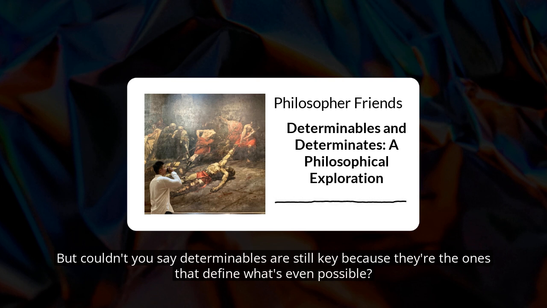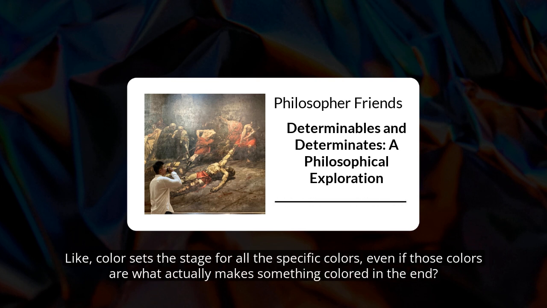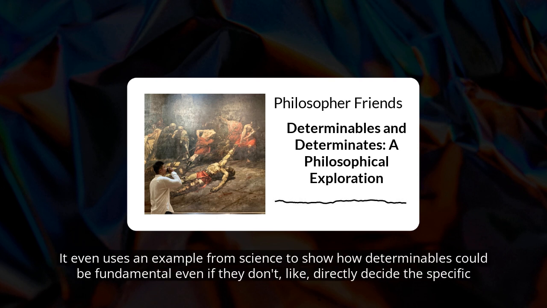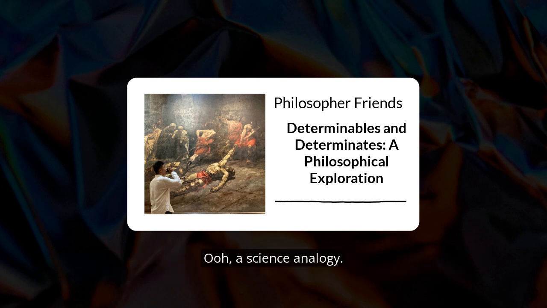But couldn't you say determinables are still key because they define what's even possible? Like, color sets the stage for all the specific colors, even if those colors are what actually make something colored in the end. Yeah, that's a good point, and the source brings that up too. It even uses an example from science to show how determinables could be fundamental, even if they don't directly decide the specific properties of things. Ooh, a science analogy.